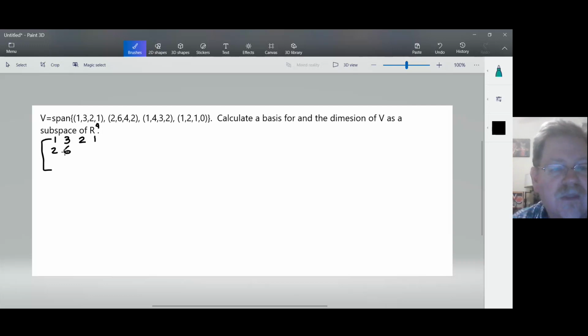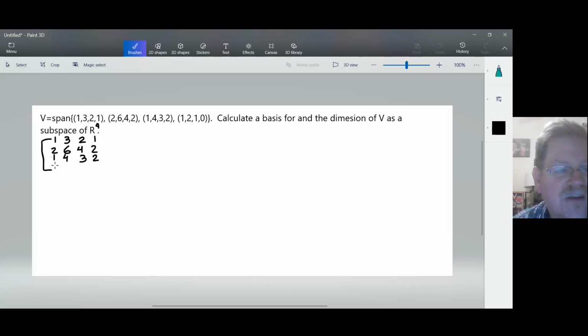This is a problem where there are several different correct answers. It just depends upon how you go about doing the problem, what your strategy is.